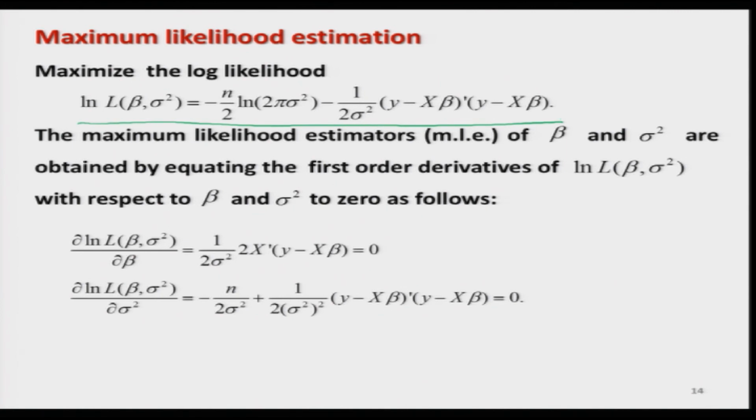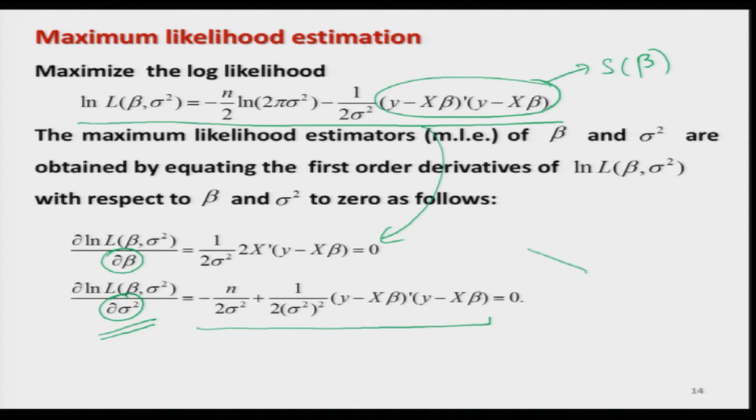And then after this, I simply have to partially differentiate this log likelihood with respect to beta and sigma square. Once you differentiate it, which is now very simple, because you already differentiated this function with respect to beta in the case of S beta, when you found the least squares estimator of beta. So this is the same thing, and if you differentiate it with respect to sigma square, you get this equation.